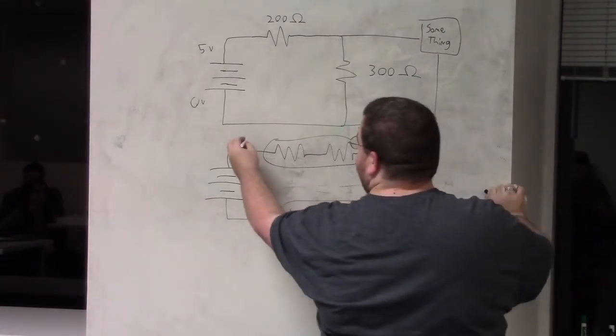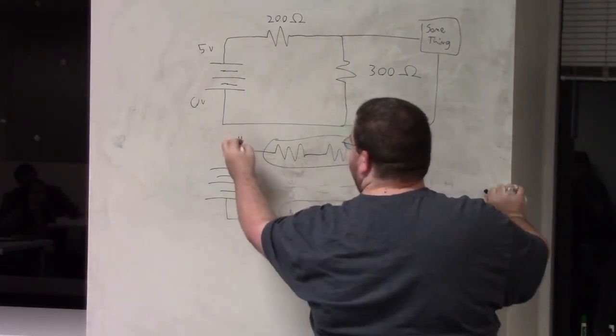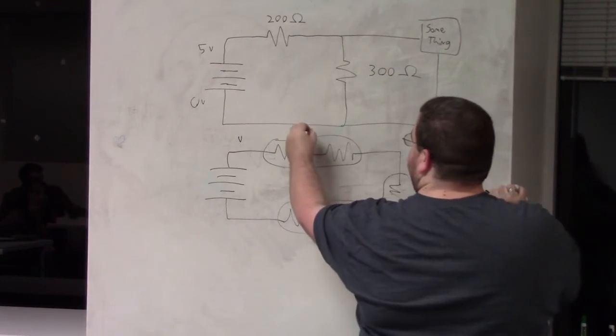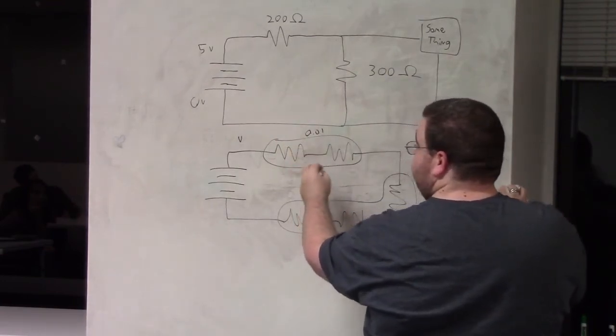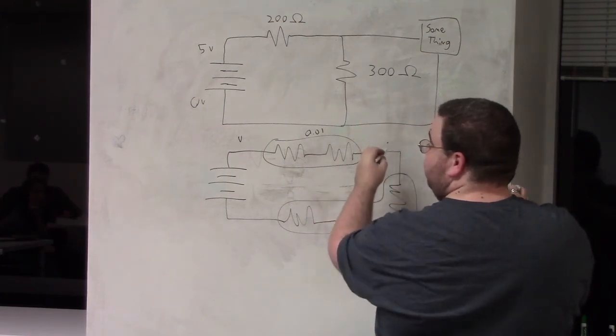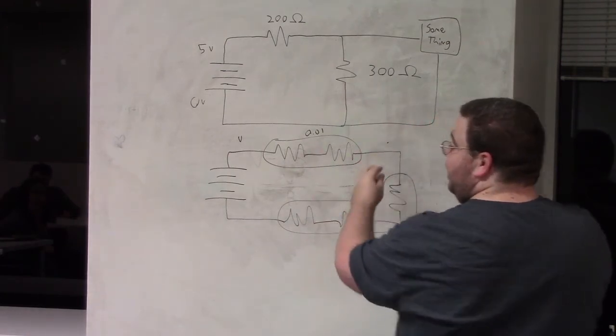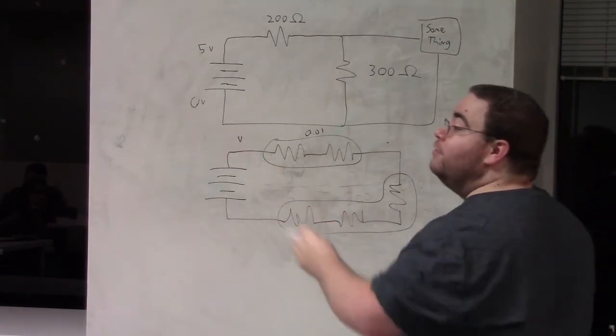So you know voltage here is 5, you know current here is 0.01, you know resistance here is 200, so what is voltage here? You just plug the same thing in again and you get the answer.